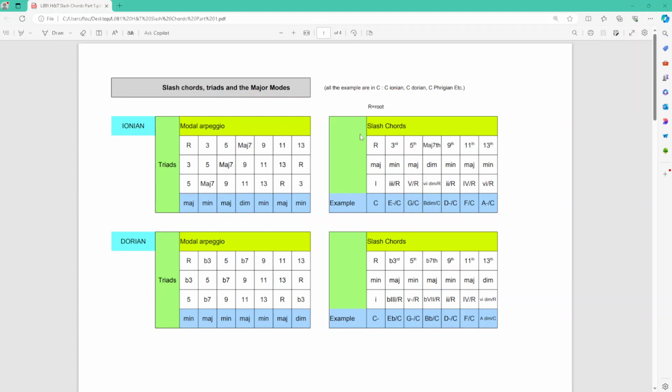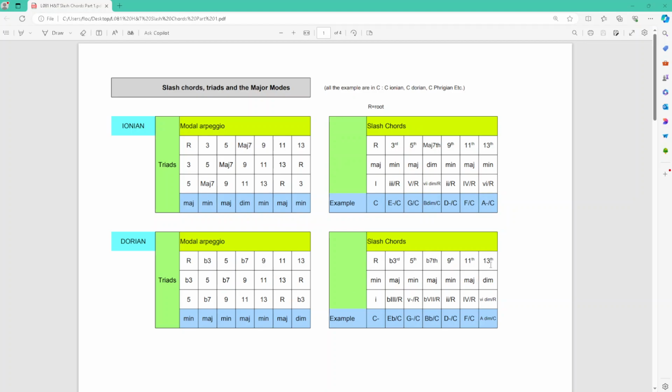Now, the way this is structured, here is your Ionian mode. Here is the equivalent of what we just discussed for the Dorian mode. Again, this is the modal arpeggio. These are all the triads that we have inside, and this is how they translate in minor, major, minor, major, minor, major, diminished.